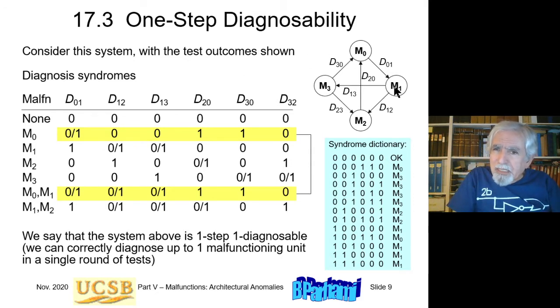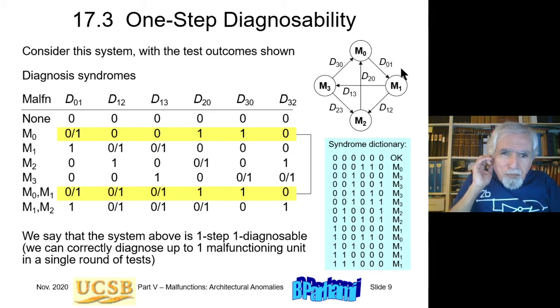Or if M0 says M1 is good, and M0 is known to be good, then M1 is really good. However, if M0 is malfunctioning, then we can't trust the outcome of testing M1. So if we somehow know that M0 is malfunctioning, then we can't rely on this test result.